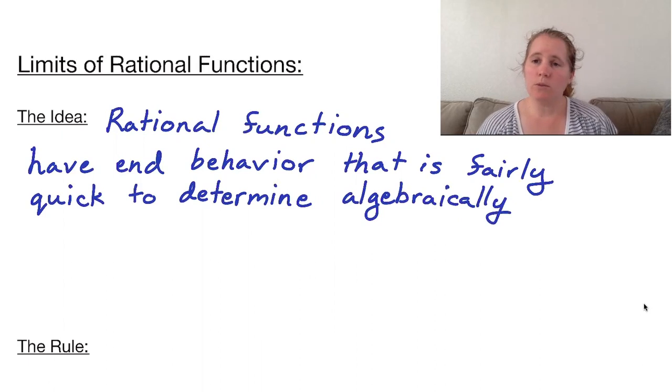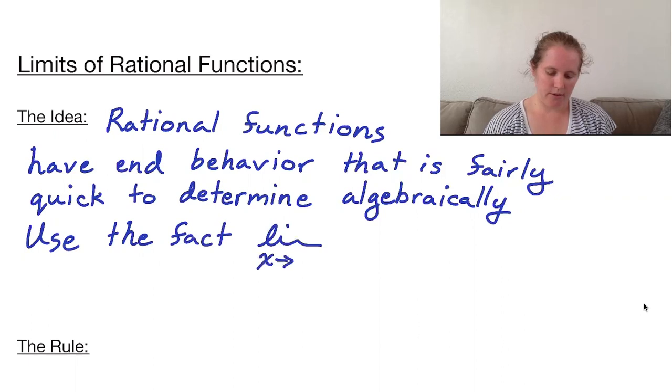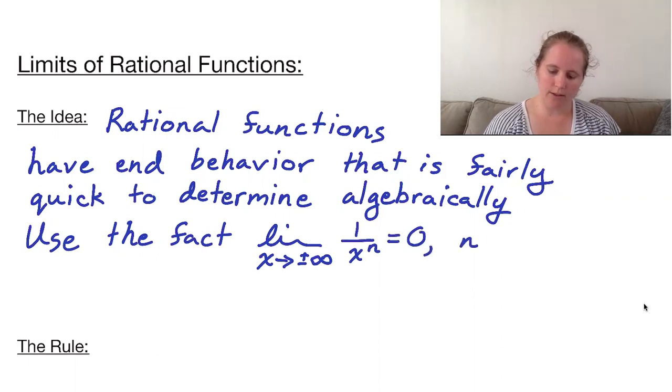And what we will do is take advantage of the fact that the limit as x goes to either positive or negative infinity of 1 over x to the n is always 0 for n a positive integer.